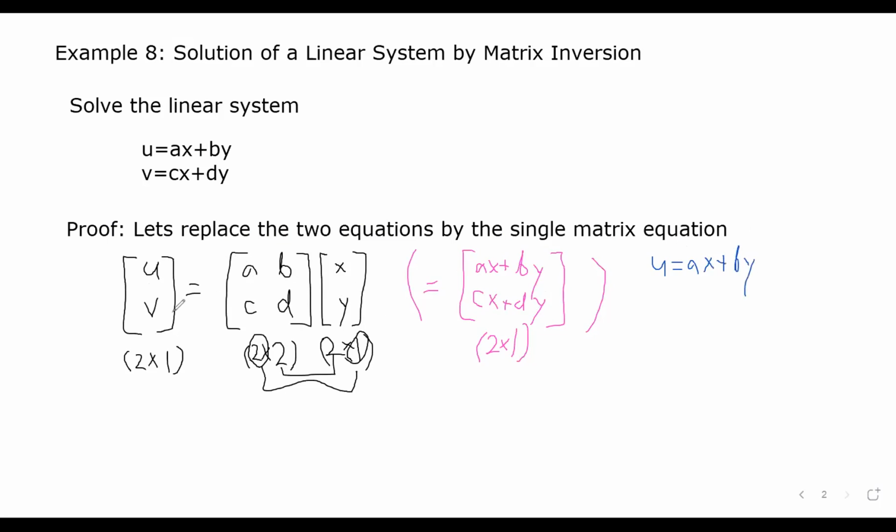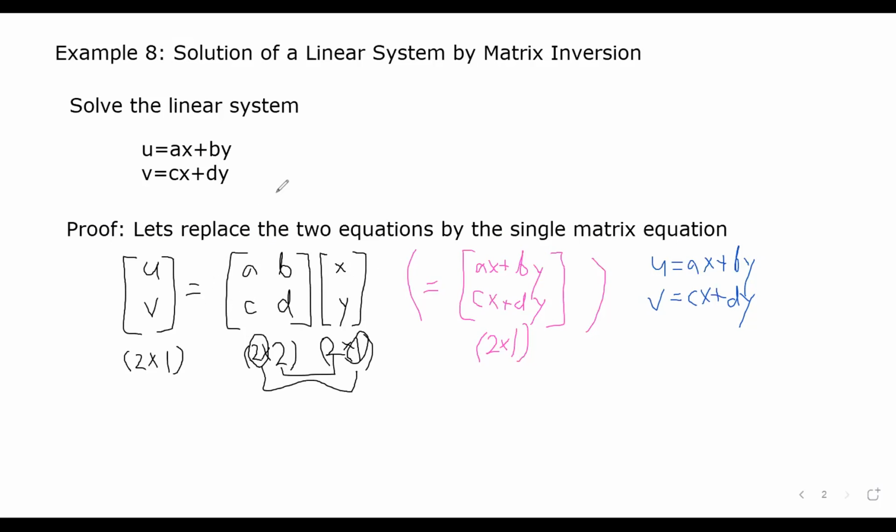So we replaced two algebraic equations by one matrix equation. For the matrix equation to be true, you need the two equations to be true, so you're saying the same thing.